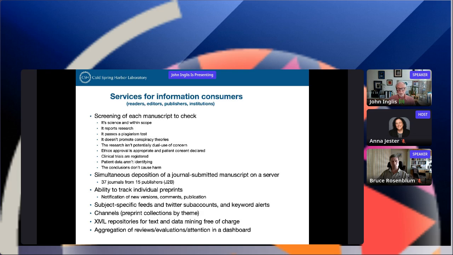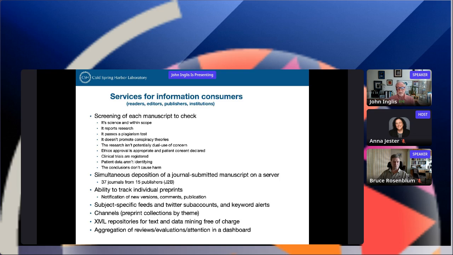I don't want to go through each of these steps. The first 1, 2, 3, 4, 5 are checks that are applied by both servers, and then the latter 4 are specific checks that are appropriate to medically relevant information.